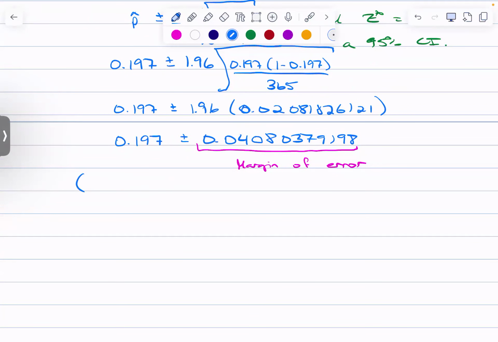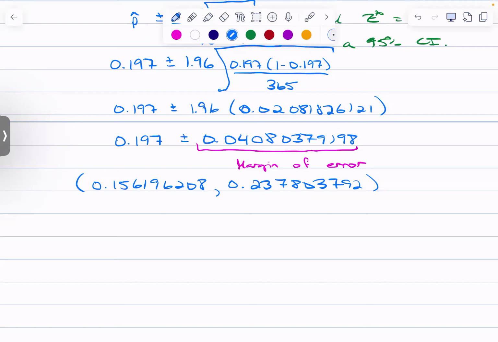I get an interval of 0.197 minus that guy, and I get 0.156196208, up to 0.197 plus that guy, 0.237803792.